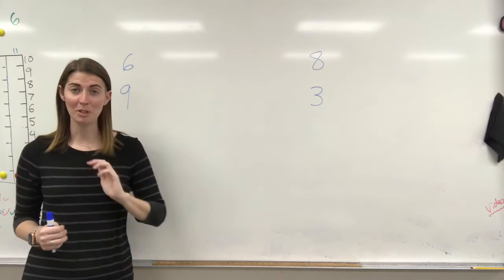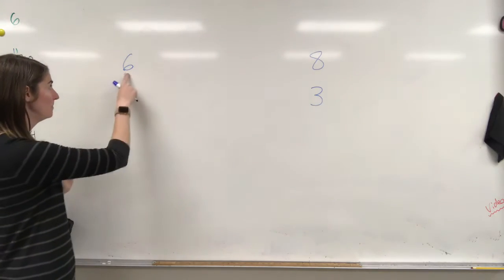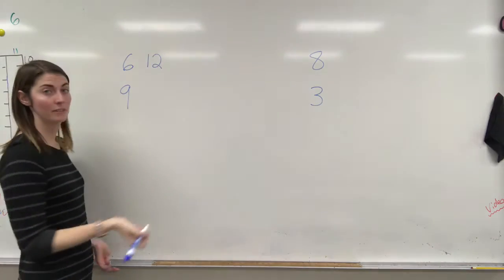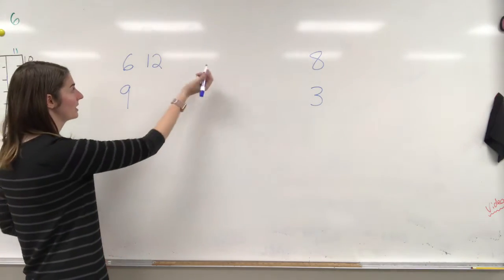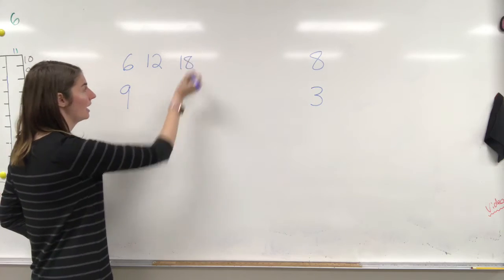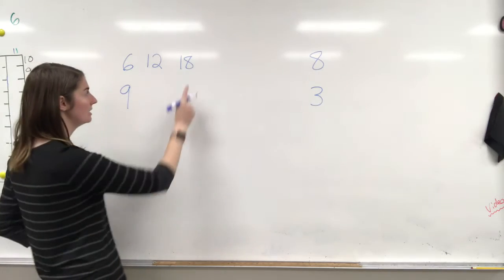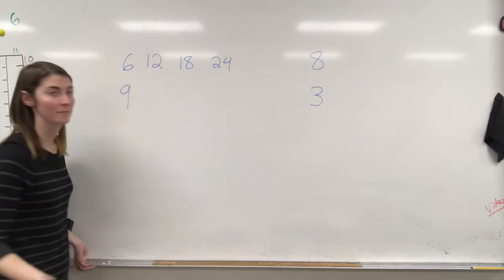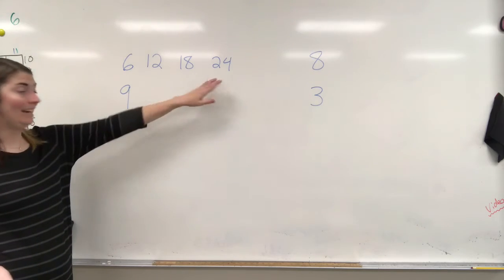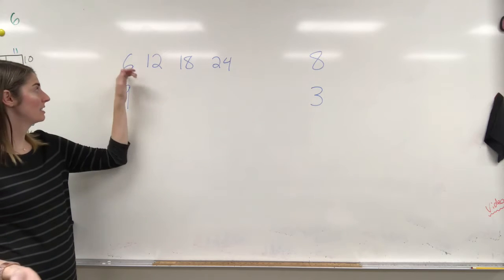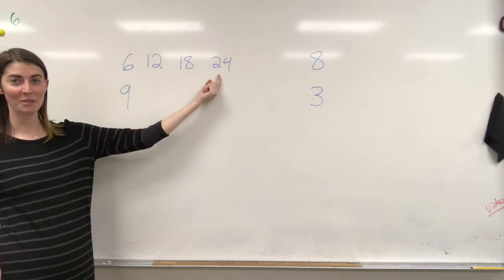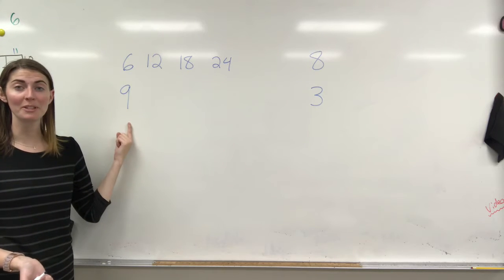So if we list out our multiples of 6, 6 plus 6 is 12. 12 plus 6 is 18. 18 plus 6 is 24. You could see how I added 6, but you could have also multiplied because 6 times 2, 6 times 3, 6 times 4.